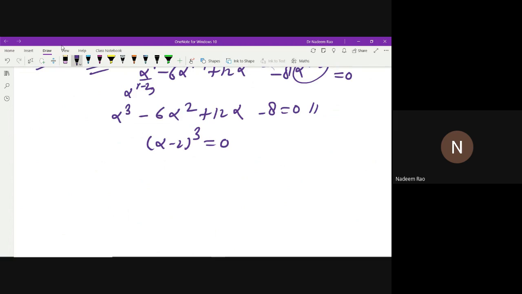Here we have three repeated roots: 2, 2, and 2. So the general solution is a_r = (B1 + B2 n + B3 n^2) 2^r, which is the required solution.